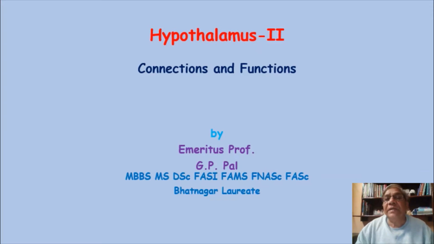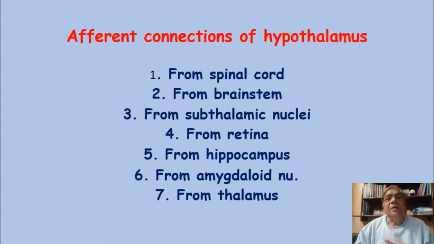If we go to the next slide, we will see the afferent connections of the hypothalamus. I will just tell you the various broad afferent connections, because there are a lot of connections of the hypothalamus.